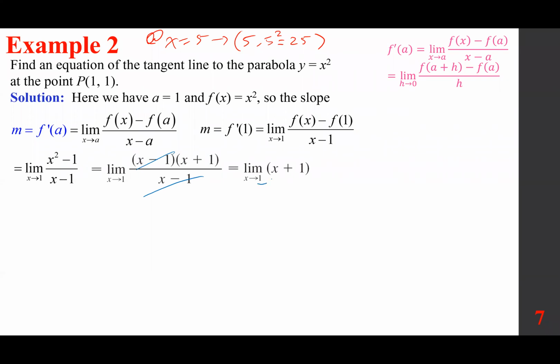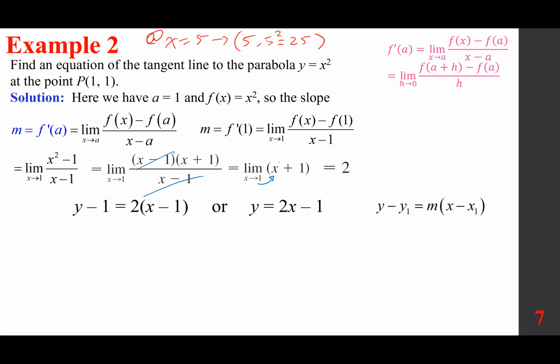Now replace the 1 and you have your slope. Now the rest is easy. You use the point slope. Y minus y1, that means y minus 1 equals m, which we found to be 2, times x minus x sub 1, which is also 1.